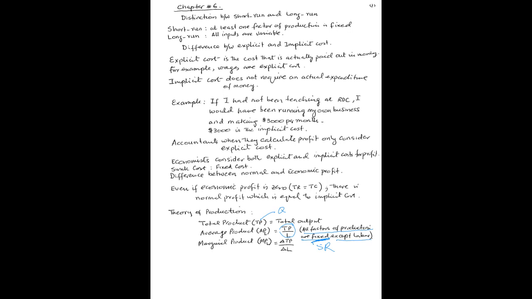So this is the average product of labor, and then we have marginal productivity of labor, or marginal product of labor, same thing. Marginal product of labor is the change in total product divided by the change in labor. This is the formula.